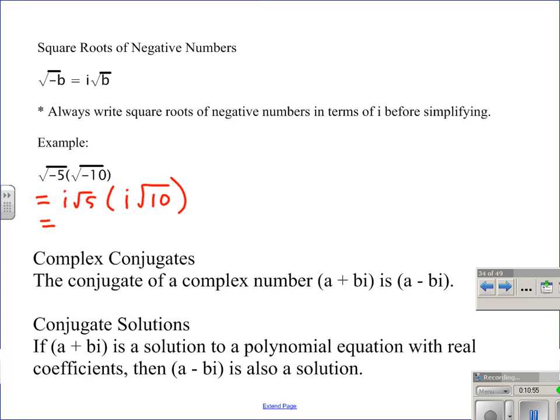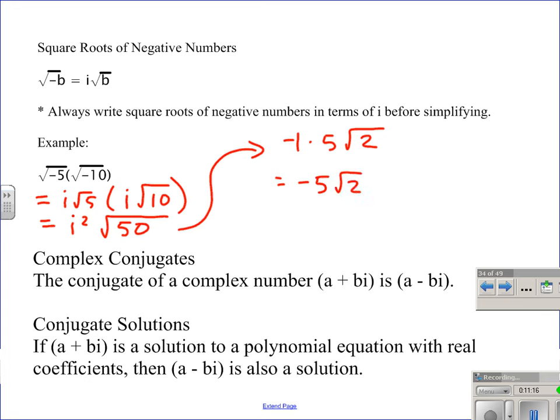And that's going to simplify to i squared times the square root of 50, which is negative 1. And then square root 50 is going to simplify to 5 times the square root of 2. So in this case, I get negative 5 square root 2.